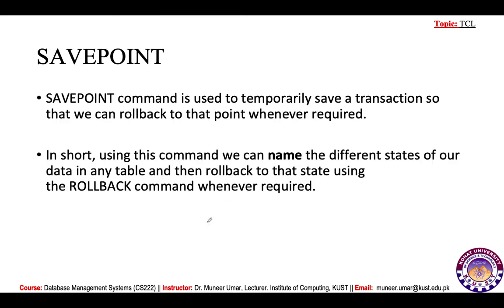Third, we have save point. The save point command is used to temporarily save a transaction so that we can roll back to that point whenever required. We put some checkpoints in our code, so if we need to roll back our work, then we can go back to that particular save points or particular checkpoints. In short, using this command, we can name the different states of our data in any table and then can roll back to that state using the rollback command whenever required.